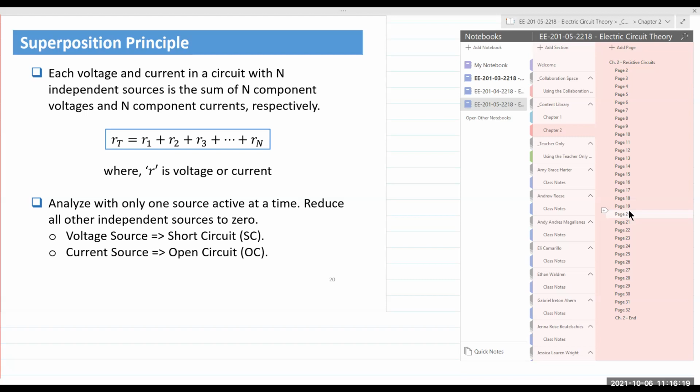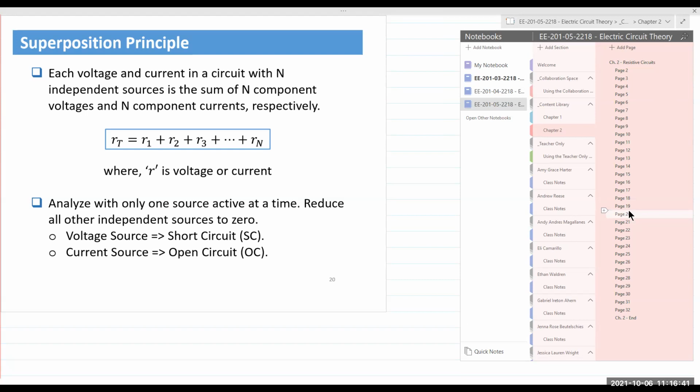Right? What is the obvious disadvantage? Think over it for a little bit. V1, V2, one analysis, two analyses. What if you have V1, V2, V3, V4, V5? Now you have 5 different analyses to perform.